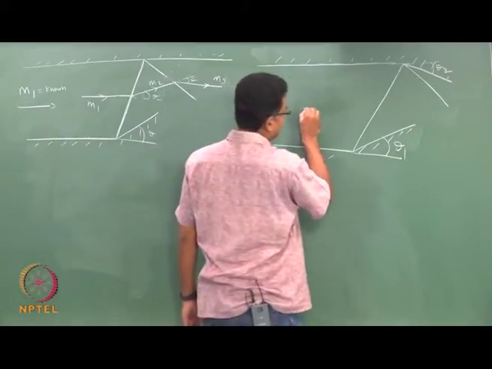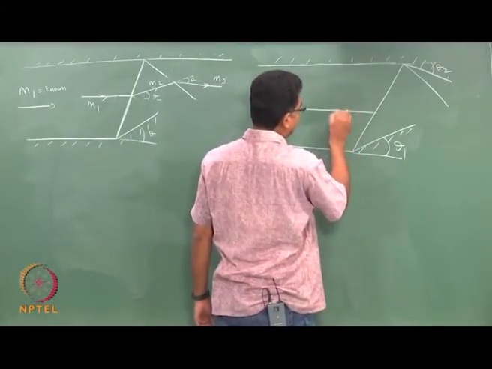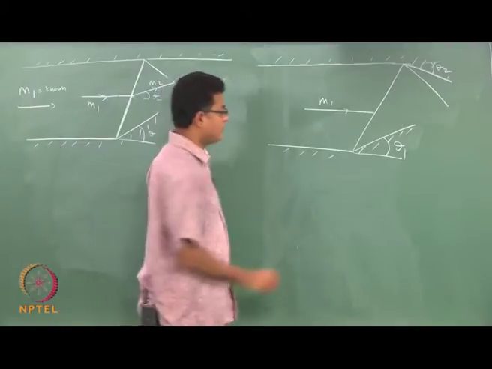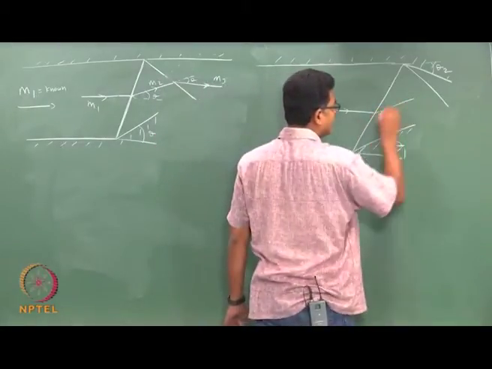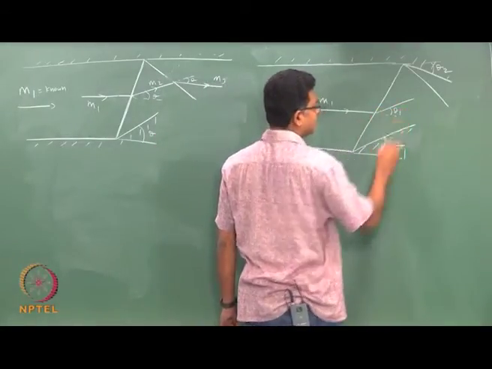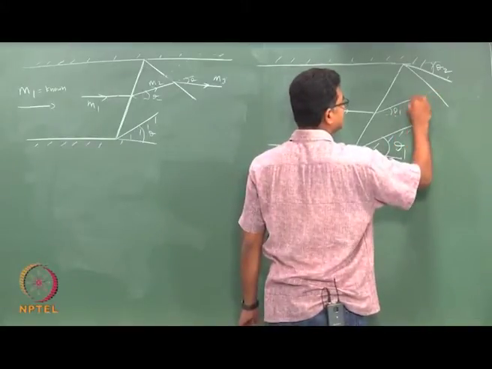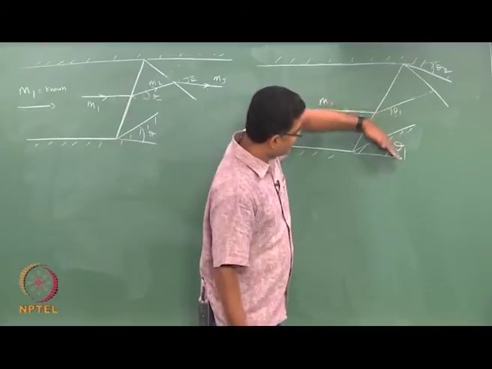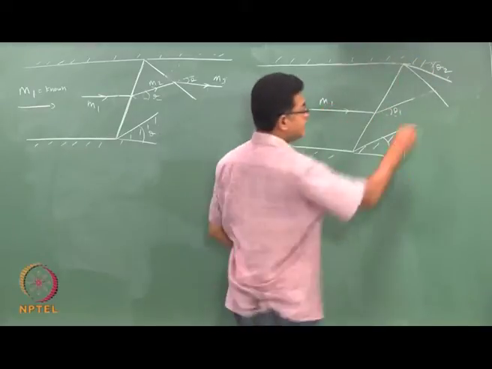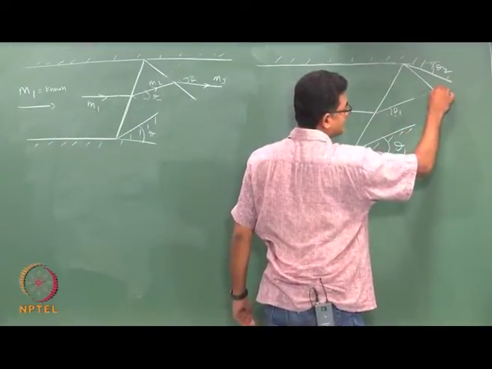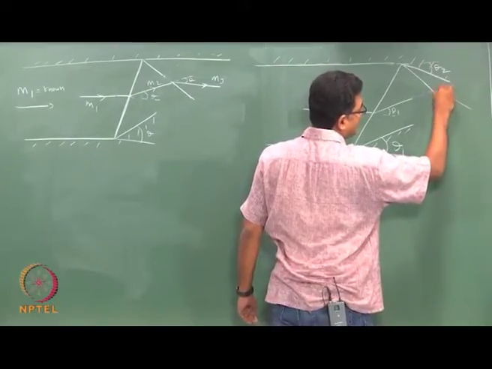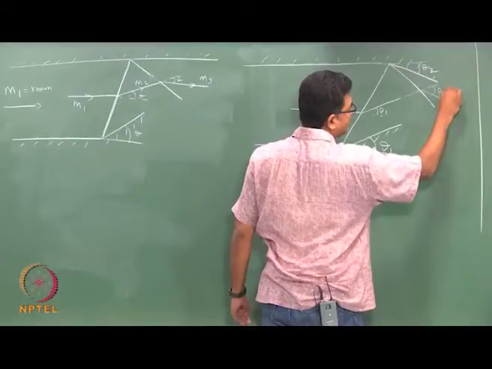So, I have V1 or M1 approaching the first shock, then it turns by theta 1, it goes and hits this surface, then it turns theta 1 and theta 2. So, the turning angle here is going to be theta 1 plus theta 2.